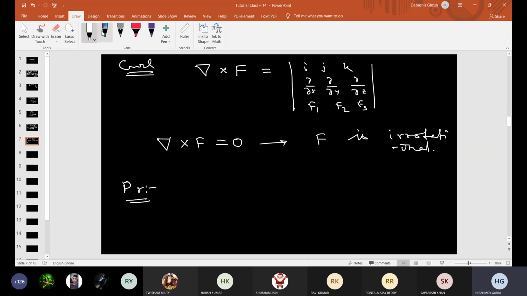The problems are to verify the vector field.